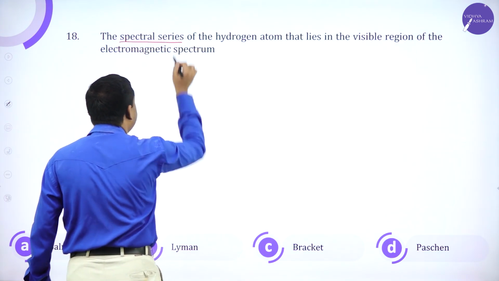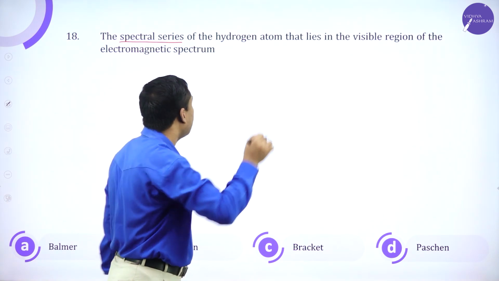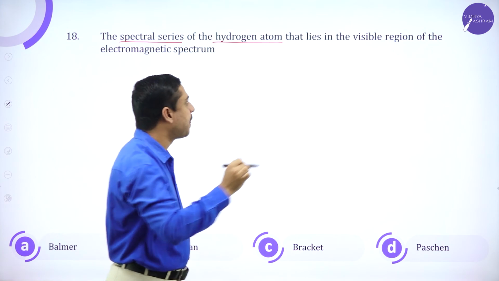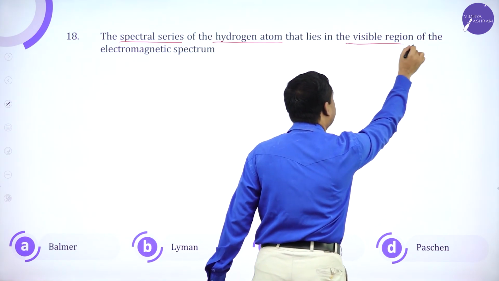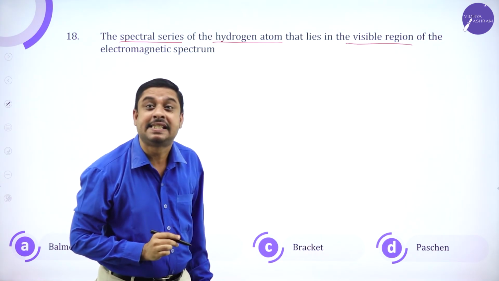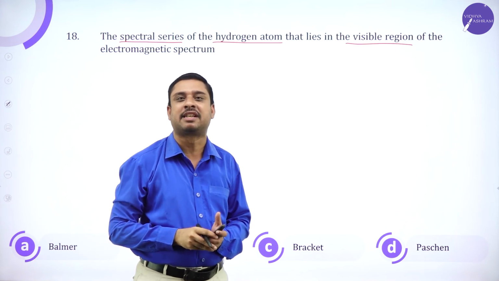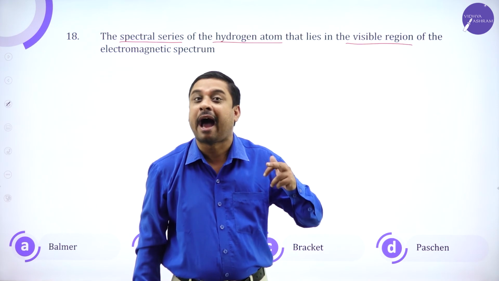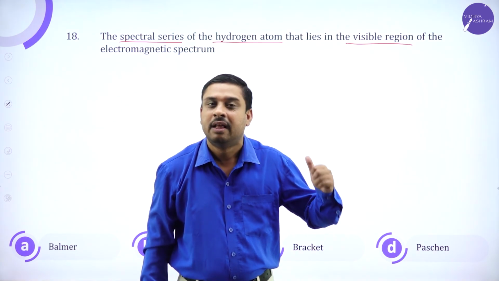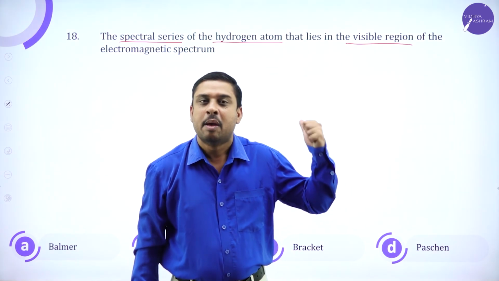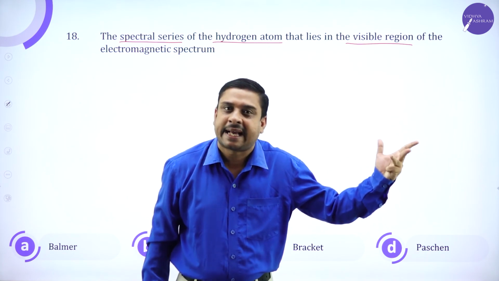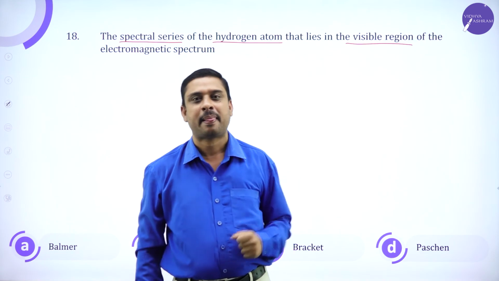The spectral lines of the hydrogen atom that lies in the visible region of the spectrum. Come on, recall your hydrogen spectrum: Lyman series, Balmer series, Paschen, Brackett, Pfund.